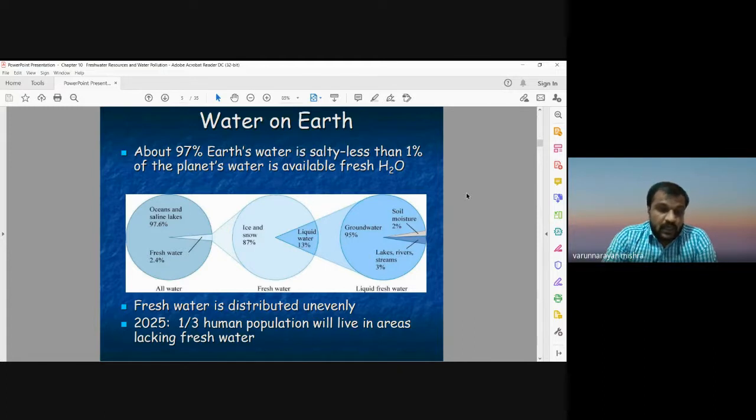It was expected that by 2025 one-third of the human population will live in areas lacking fresh water. So in the near future, around the year 2025, most of the people will not get fresh water. There is a high scarcity of fresh water for the human population, so we need to conserve this precious natural resource.